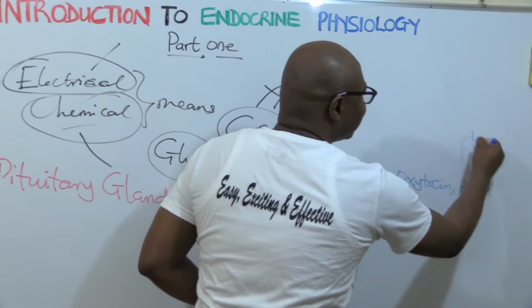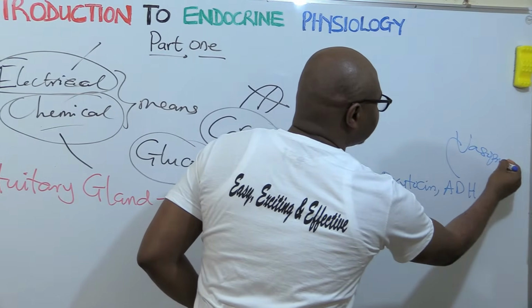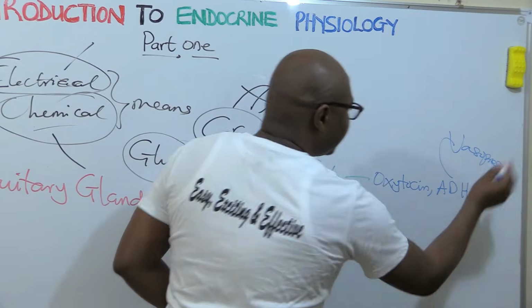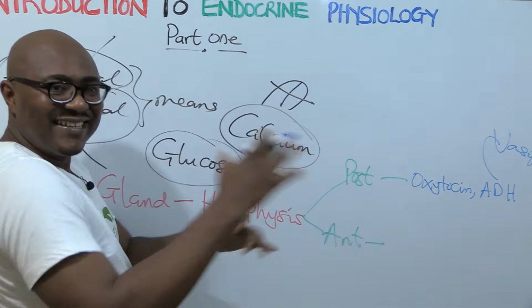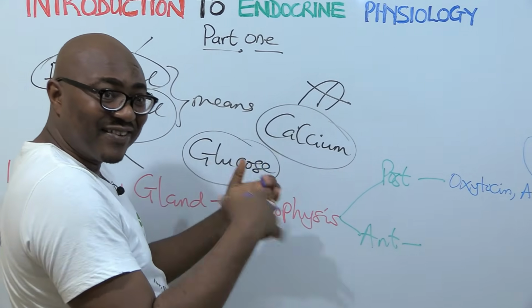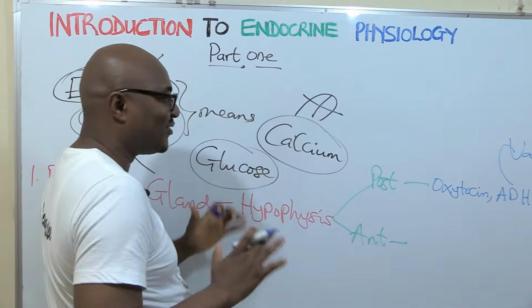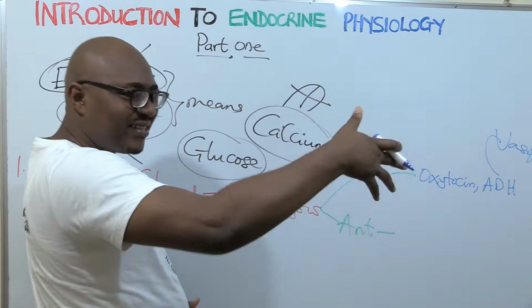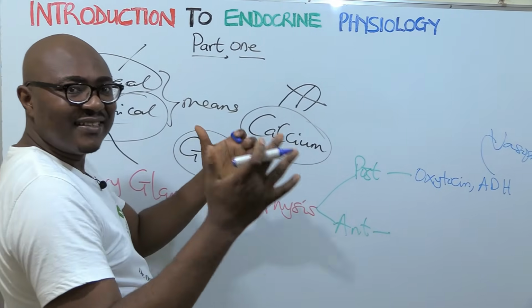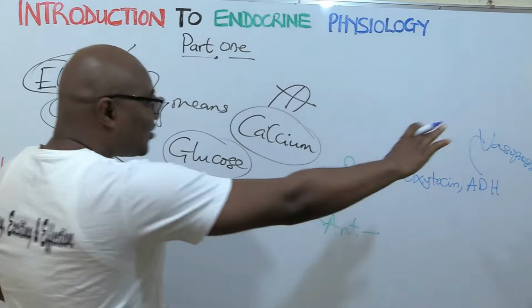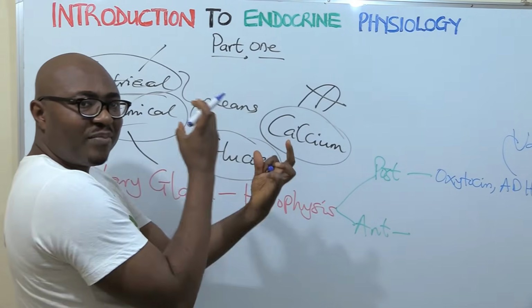It's also known as vasopressin. It's involved in regulation of water balance and so on in the kidneys. Antidiuretic, diuresis has to do with urination and all of that. So those are the 2 hormones in the posterior part of the pituitary.